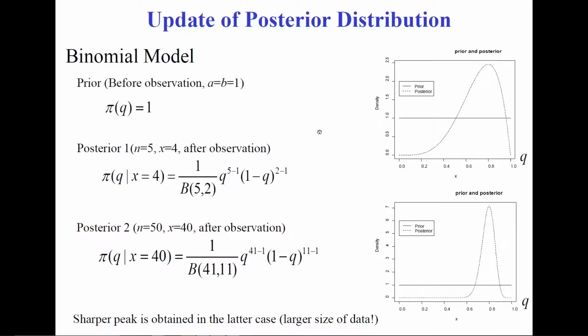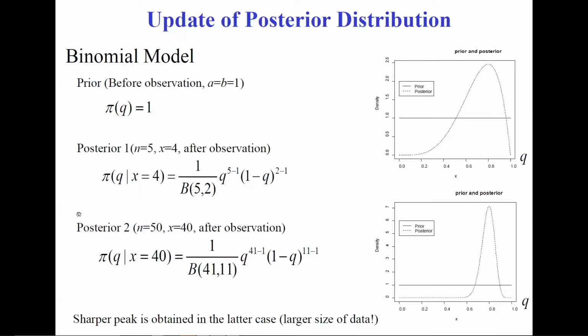First, we have no information on the success probability q, so we set a uniform distribution, denoted by this black line. After observation, we obtain a conditional distribution, which has a single peak around 0.8.